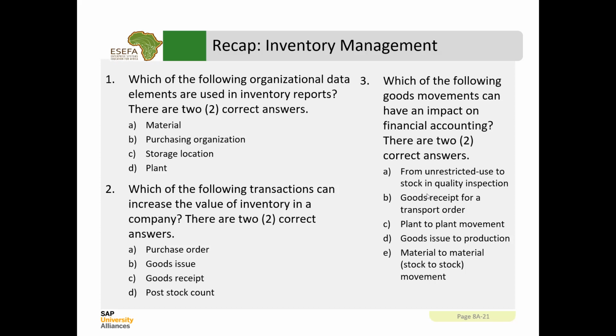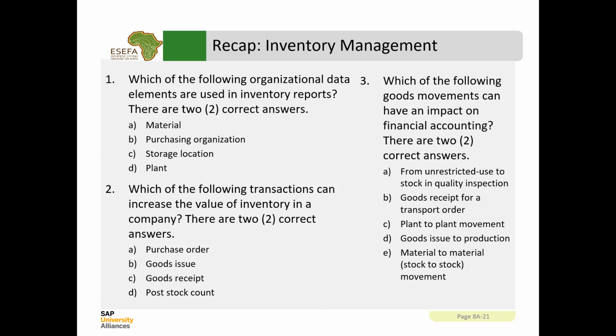B, goods received for a transport order. C, plant to plant movement. D, goods issued to production. And E, material to material, that is stock to stock movement.